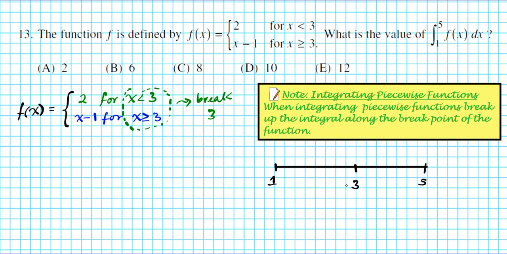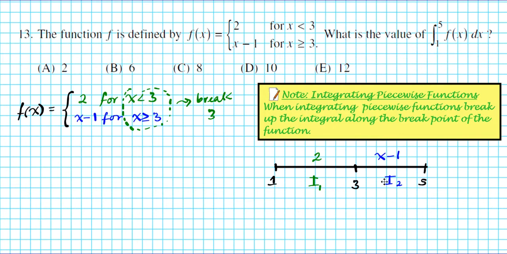From 1 to 3, we're looking at the first interval, let's call that I1. For I1, the function that's active is f of x equals 2. For the second interval, I2, from 3 to 5, the function that's active is x minus 1.